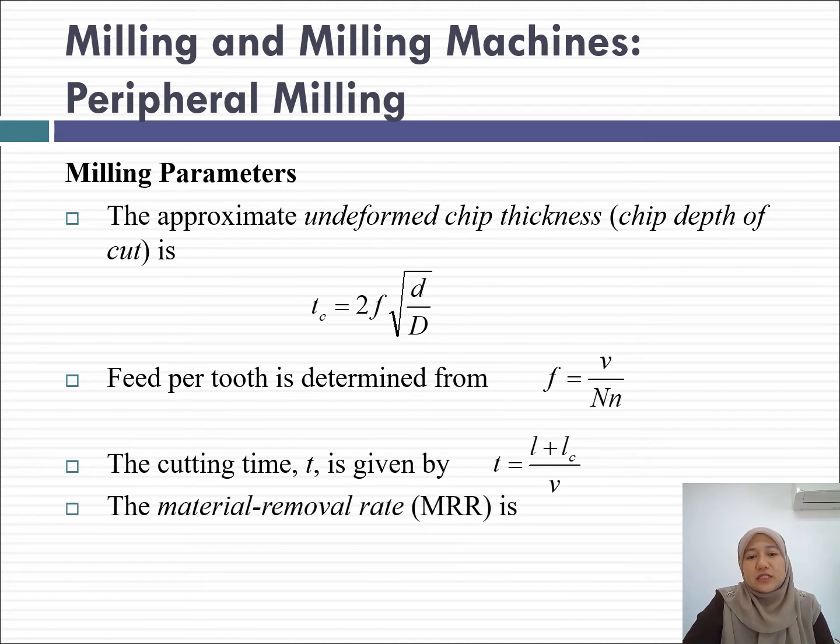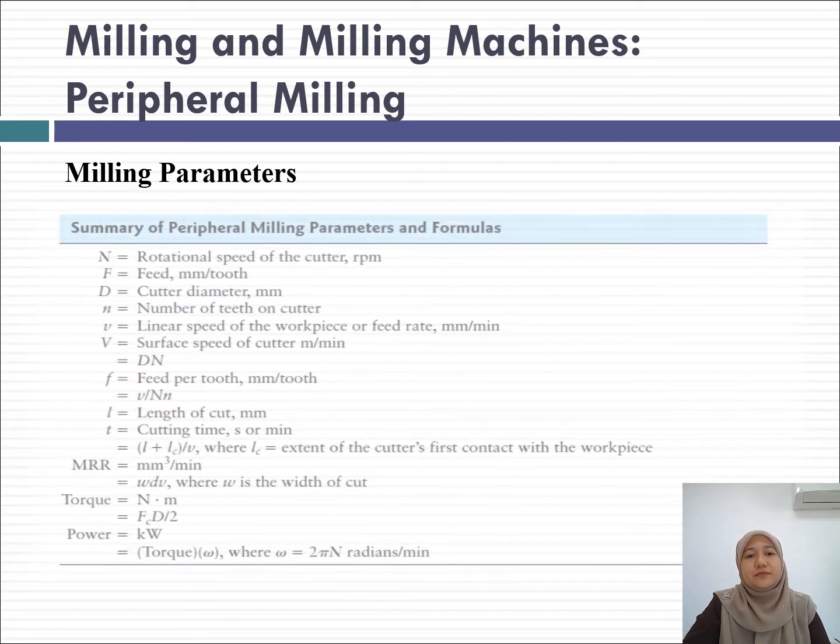Therefore, this gives us the material removal rate, which indicates the amount of material being removed at one time, with the equation of length times the width of the cutting times depth of cut divided by T, which is the cutting time. Also, it gives you this equation: W, the width of the cutting, times the depth of cut times the cutting speed V.